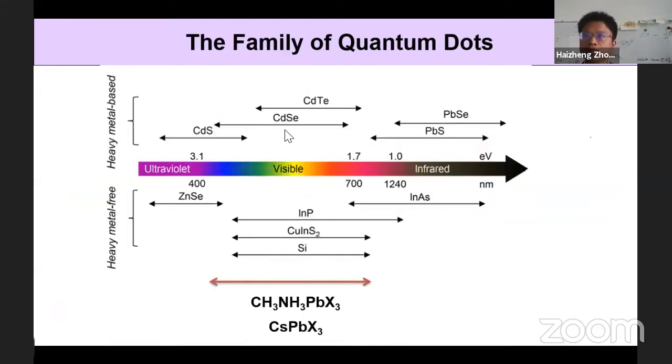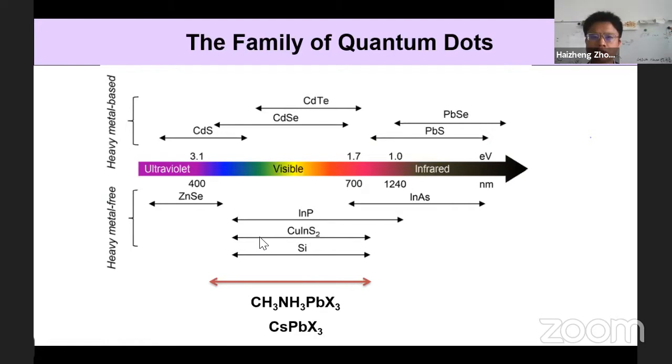Okay. With time, the family of quantum dots expanded to different materials. At the beginning, the II-VI group QDs were synthesized. Later on, people expanded to IV-VI, such as lead sulfide and lead selenide. And also indium phosphide and indium arsenide were successfully fabricated.